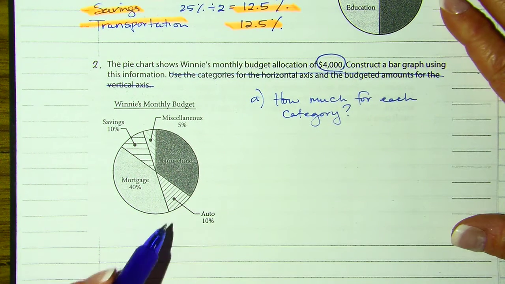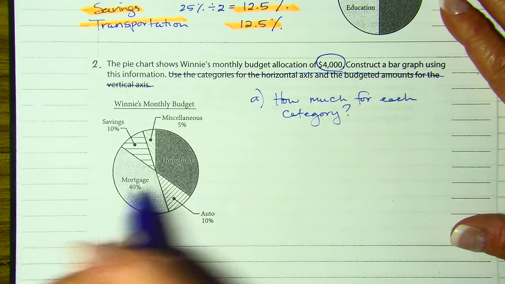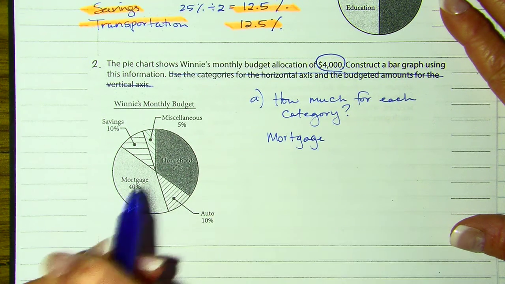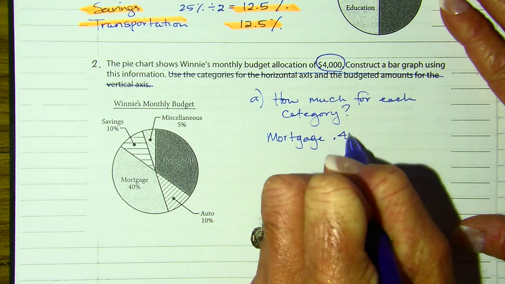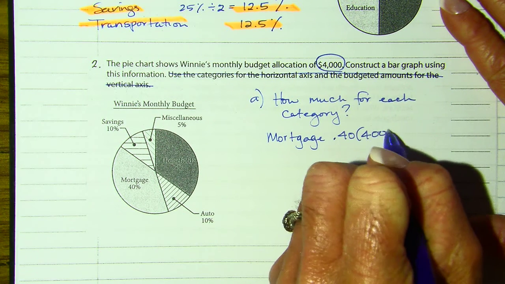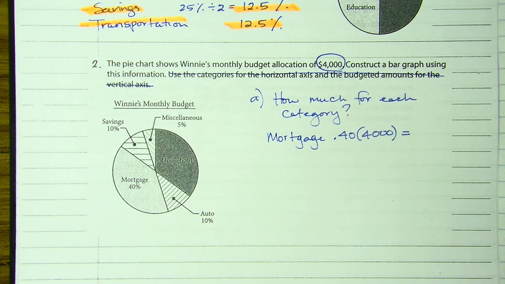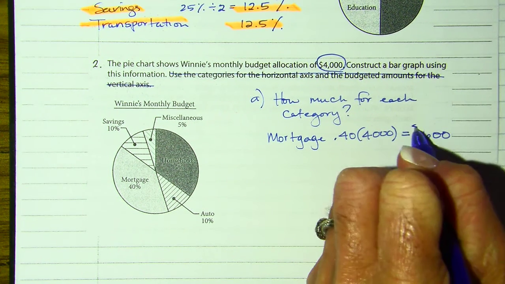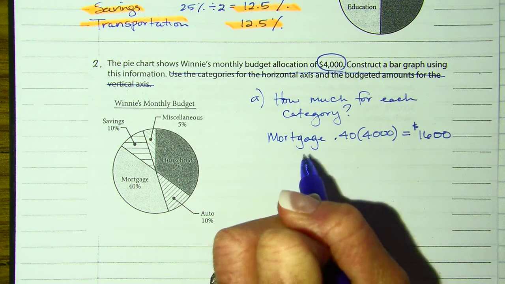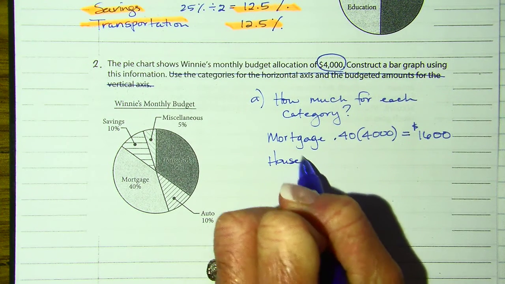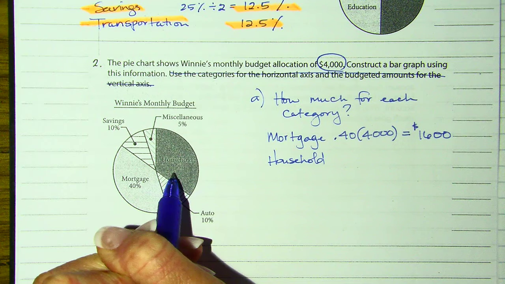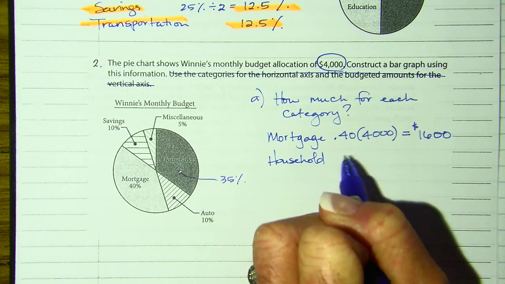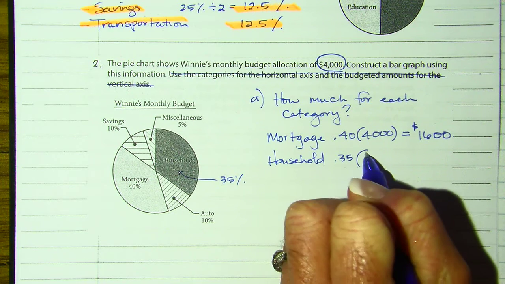So let's start with household, or actually I'm going to start with mortgage. And it says it's 40%, so 0.40 times 4,000. And that gives me 1,600. Then I'm going to do household. That is 35%. You can hardly read it. So 0.35 times 4,000.